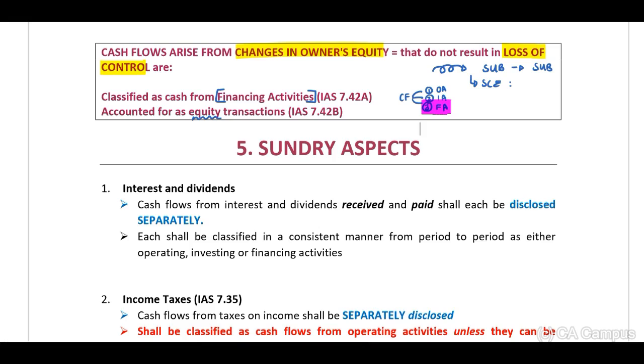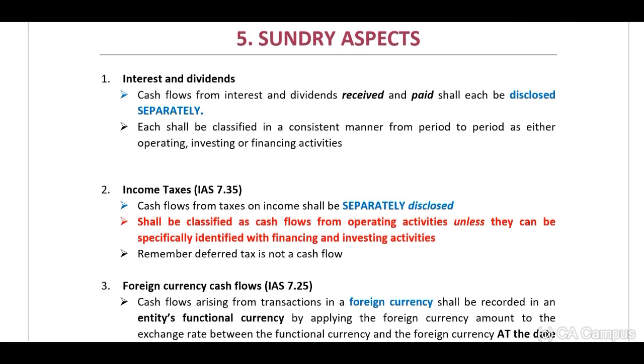Now, a few sundry aspects that you need to remember. Interest and dividends should be separately disclosed, received as well as paid. Each shall be classified in a consistent manner from period to period as either operating, investing, or financing activities. Therefore, you need to please read the information provided.